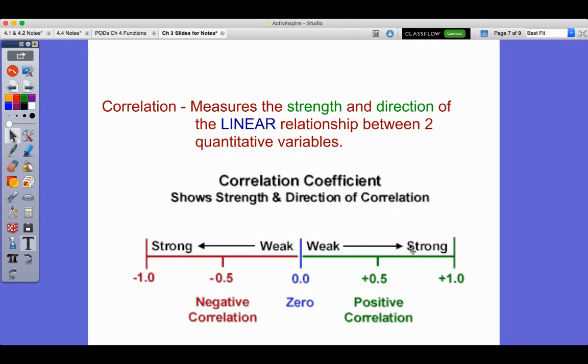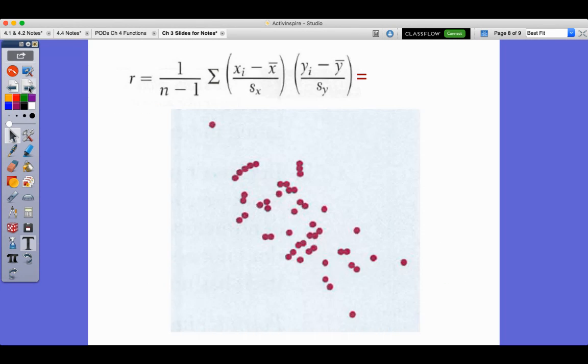So this spectrum will be helpful for you when you're trying to decide the strength and direction. Positive or negative tells you direction. Closer to 1 or -1 tells you strength, all right? And you're going to try a game after this called Guess the Correlation, which is kind of designed like Mario Brothers and can help you with correlation, all right?